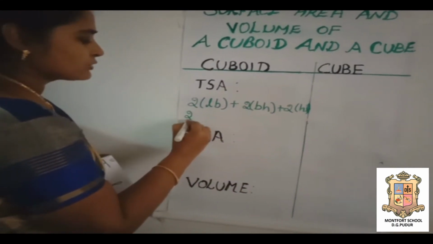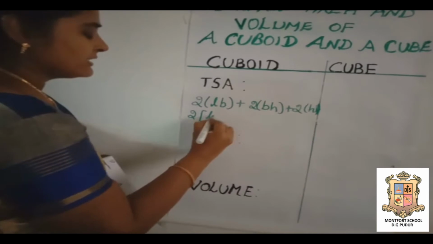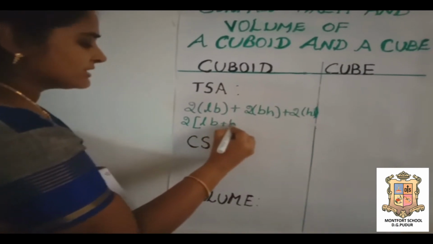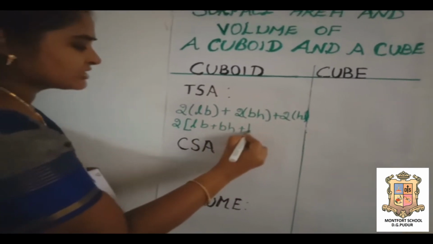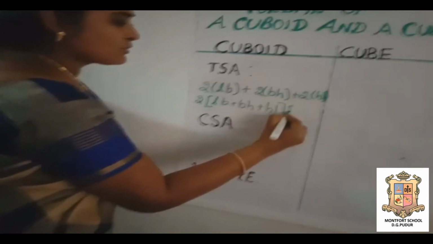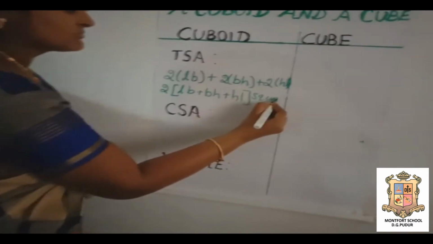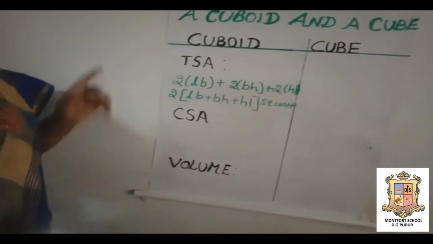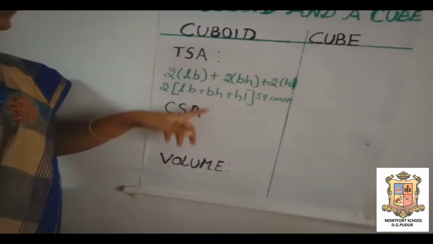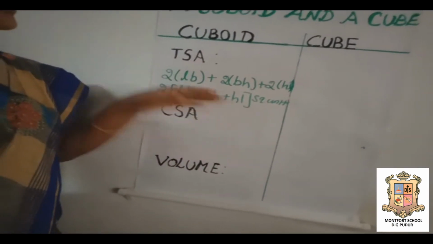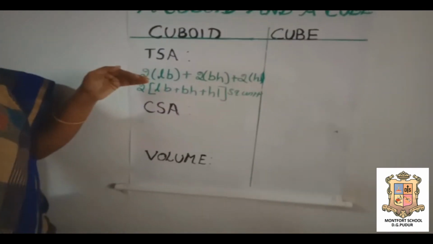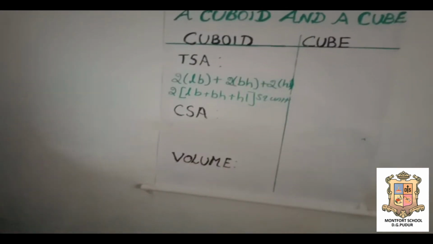Let us take the 2 out. Remaining is LB plus BH plus HL square unit. So 2 into (LB plus BH plus HL) square unit is the formula to find the total surface area.